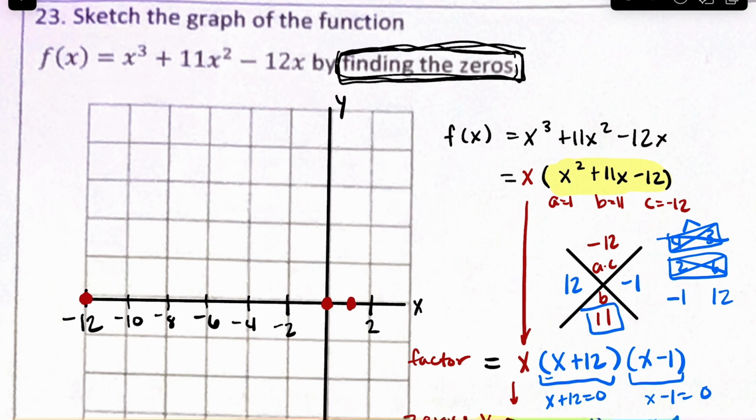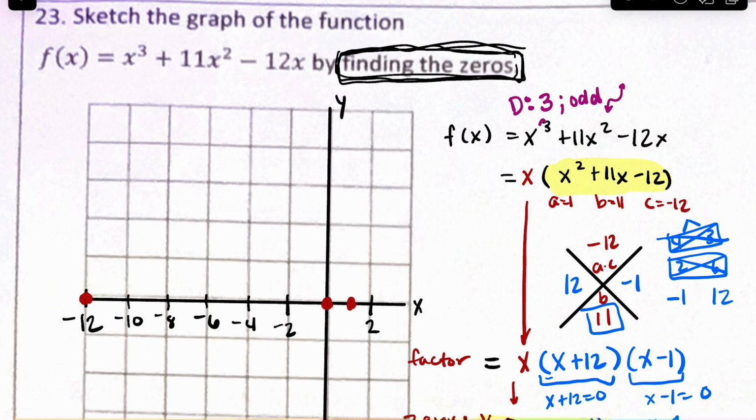Before we can even figure out the graph here, we have to figure out our degree and leading coefficient. Our degree is 3, which means it's odd, meaning it'll be a cubic. But now we have to figure out if it's positive or negative.